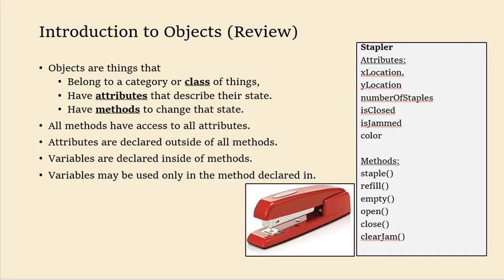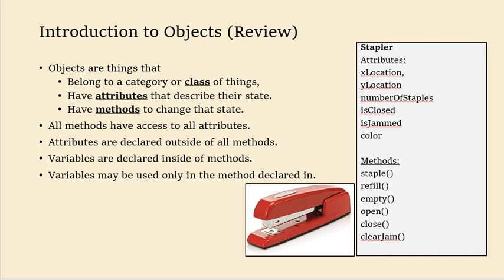If an item is needed only inside of one method, not needed all over the place, we're going to declare that thing inside of the method that it's used in, and we're going to call it a variable. But if the thing is needed to describe the state of the object all the time, we're going to call those attributes. We're going to declare those outside of any method, and any method can use them.